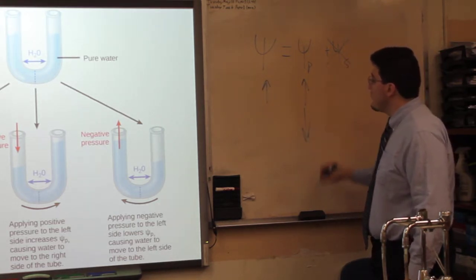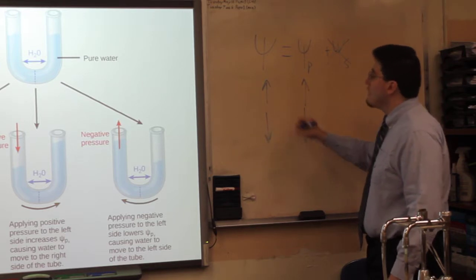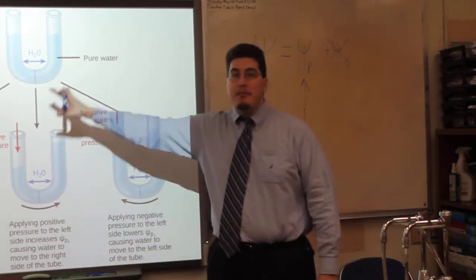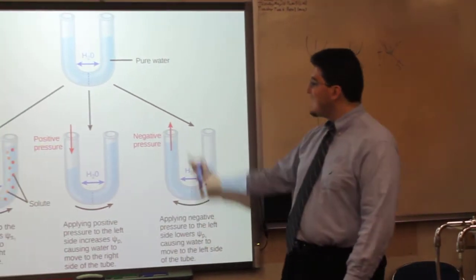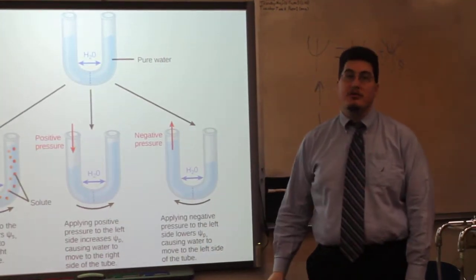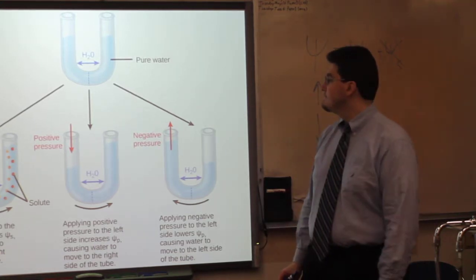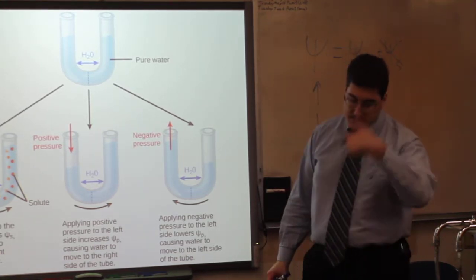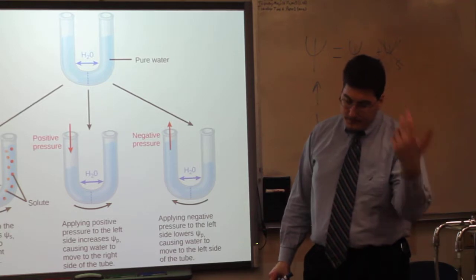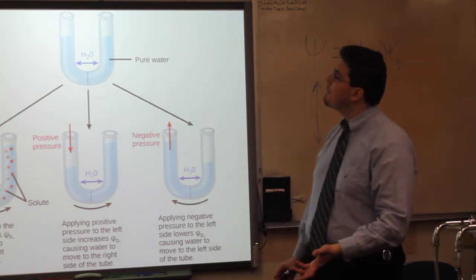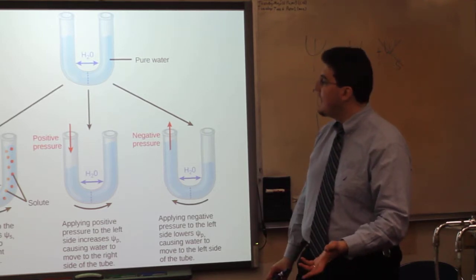My pressure potential goes down, my water potential goes down. If I blow into the tube, my pressure goes up. If I suck on the tube, the pressure goes down. Now, of course, it doesn't seem very productive because this is an electronic board and I'm not going to do that.